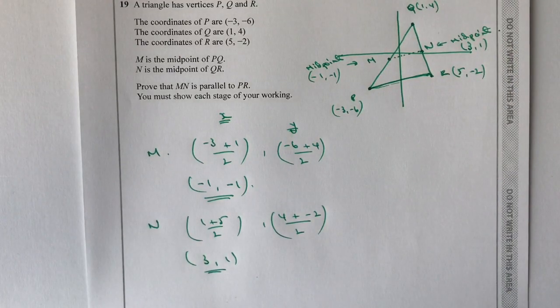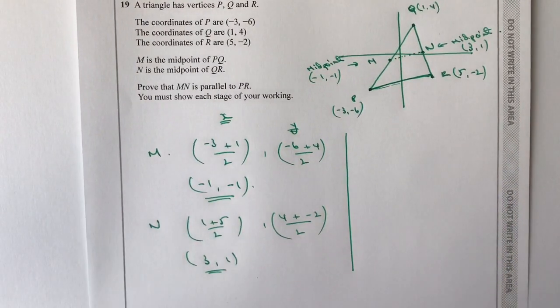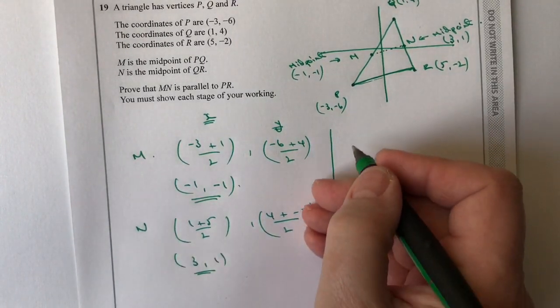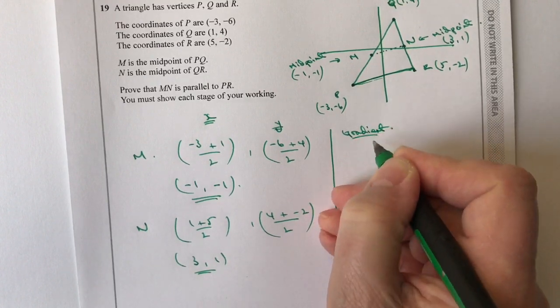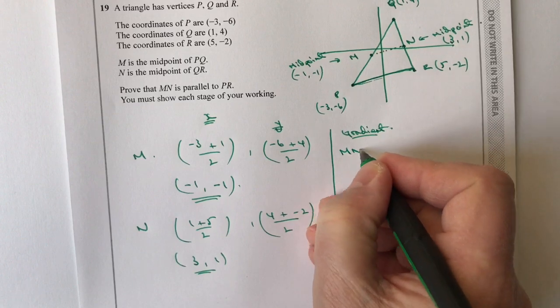Now it allows me to work out the gradients, because the gradient is basically the difference in y divided by the difference in x. Hopefully I'll be able to squeeze this onto here for you. So the gradient, let's look firstly at MN.